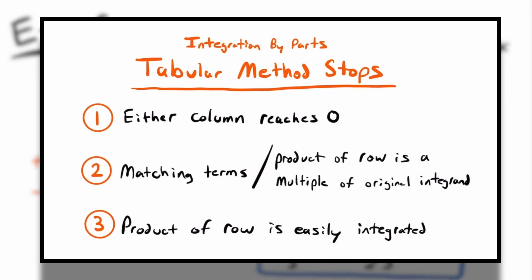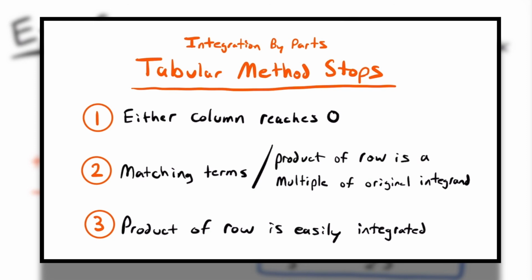All right, so in conclusion, when you're going to use the tabular method for integration by parts, and you're setting up your table, there's 3 different stops that tell you when to stop filling out your table. The first one is the easiest. When either of your columns reaches 0, that tells you to stop, and then you can write out your solution.